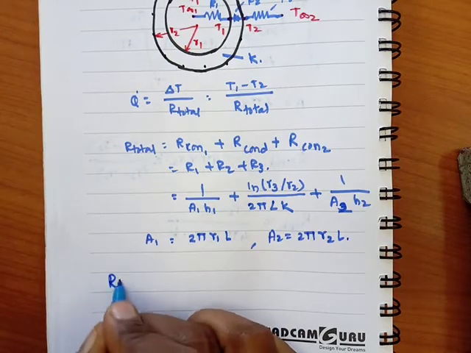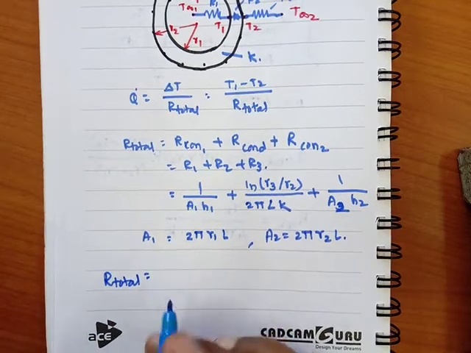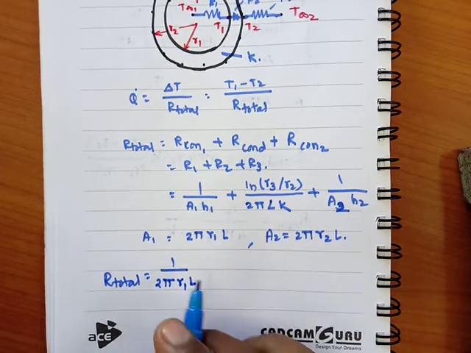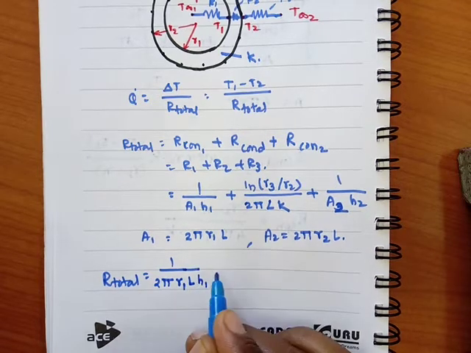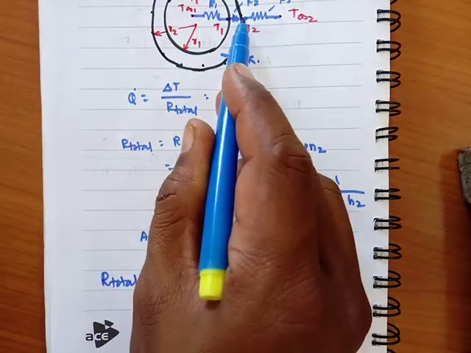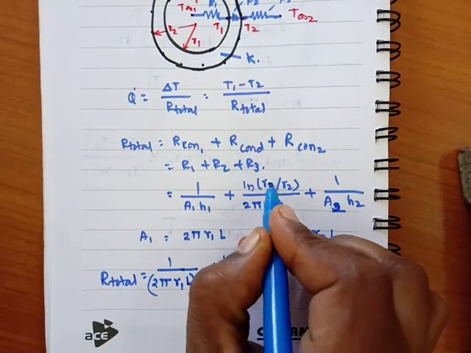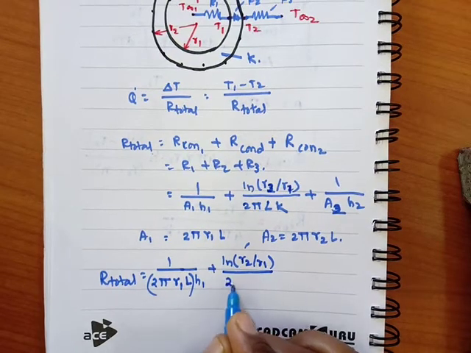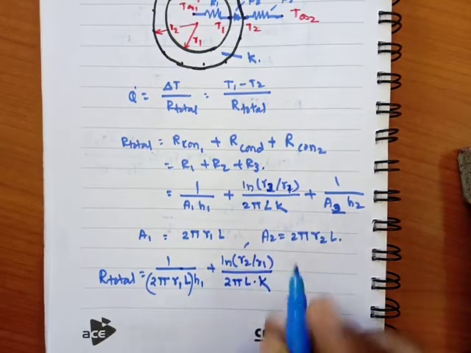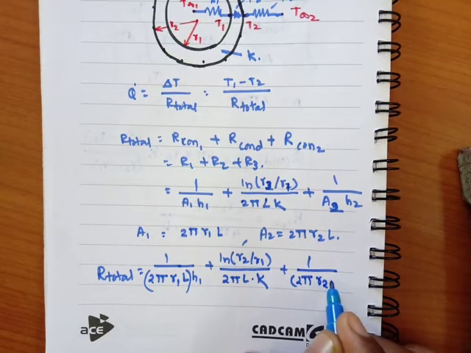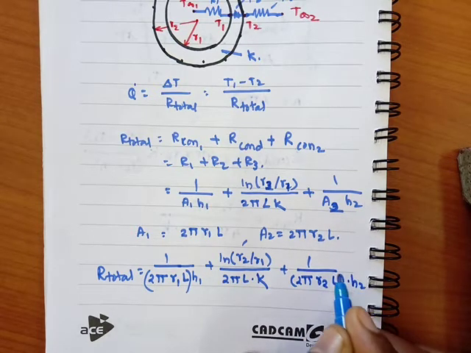So for that, R total is equal to 1 upon 2 pi R1 L H1, plus ln R2 by R1 divided by 2 pi L into K, plus 1 upon 2 pi R2 L into H2.